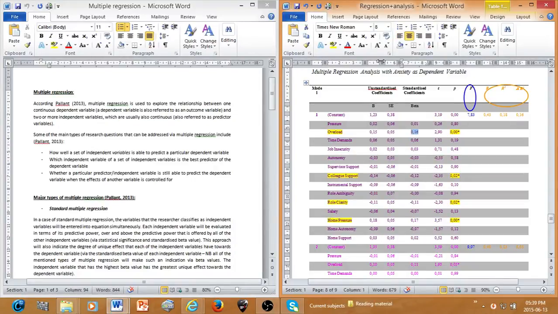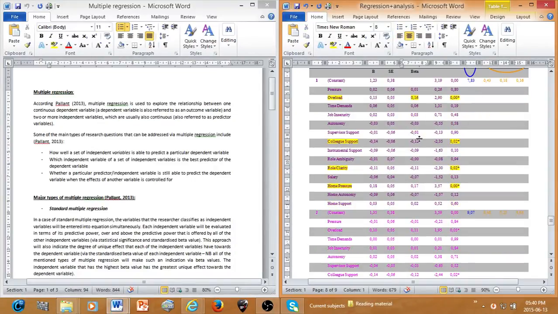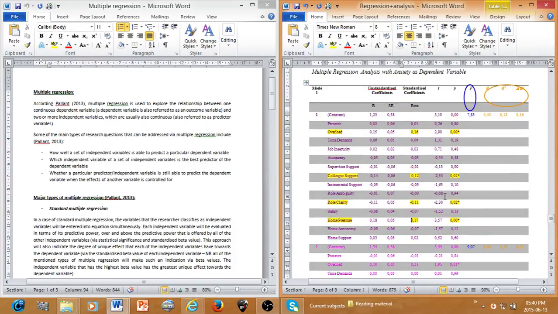We'll highlight the beta value of overload, colleague support, role clarity, and over here the negative signs in front of the values. I believe the same principle applies as in correlation. So a negative relationship exists between anxiety and colleague support. Therefore, as colleague support decreases, anxiety will increase.